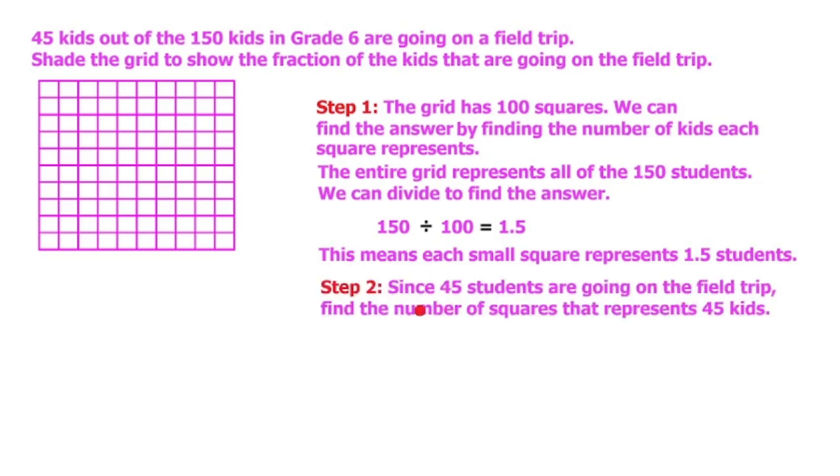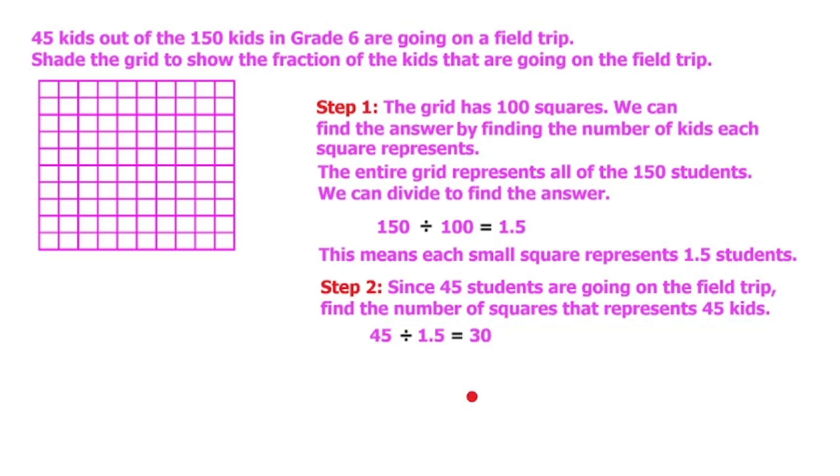Step 2. Since 45 students are going on the field trip, find the number of squares that represents 45 kids. So now we just divide 45 divided by 1.5, which equals 30. So if you think about it, this is a little bit like a ratio or a fraction.